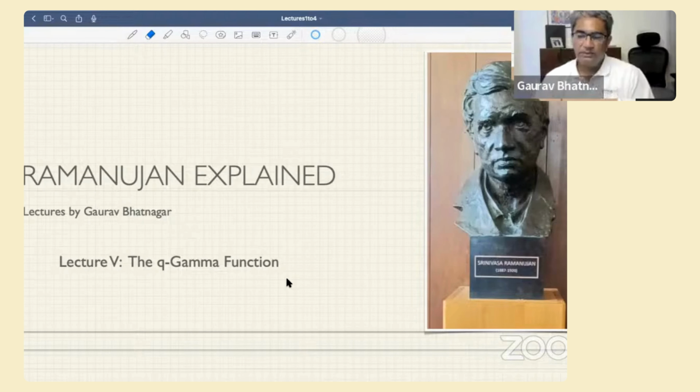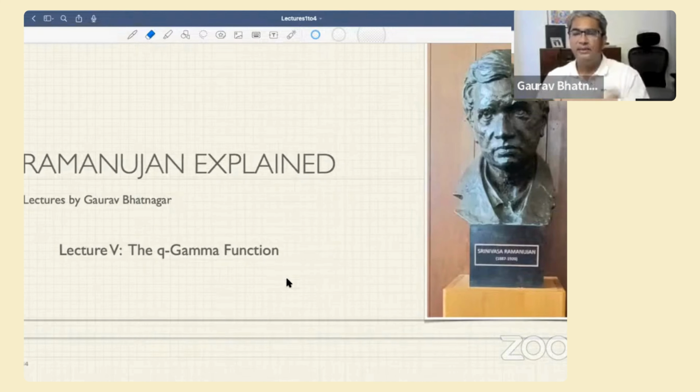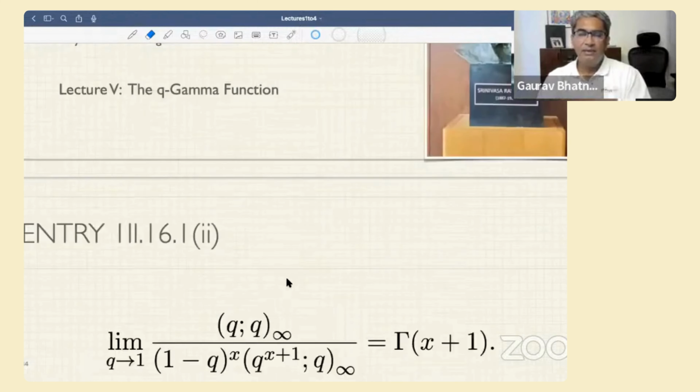Ramanujan's own work in hypergeometrics was a lot of it a repetition of what had already been done, whereas the Q stuff was new. So we are taking the approach that we look first at the Q stuff and then take special cases and get the hypergeometric identities. And in taking the limit, this is the limit which works.